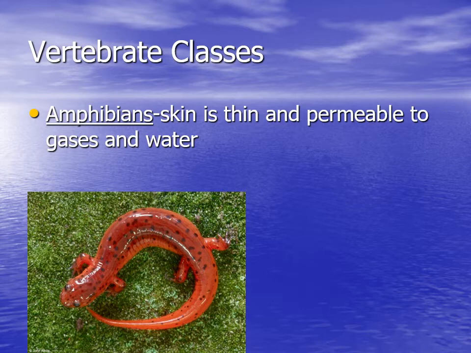So like in this salamander that's pictured here, its skin's very sensitive. So these guys are very sensitive to changes in their environment. If something's going wrong with a stream, the water quality, these are usually the first types of organisms that are going to be affected, and you'll see their numbers start to drop. So your salamanders, your frogs, those are your biggest examples of amphibians.